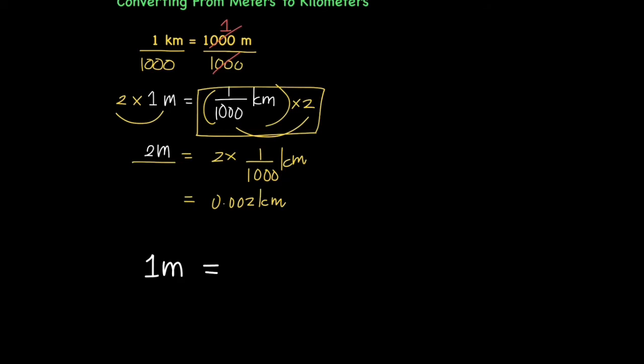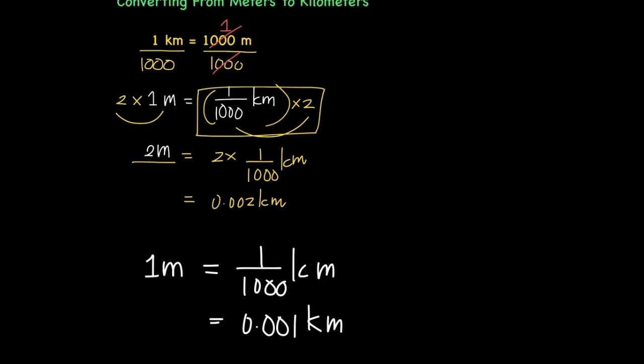Now alternatively, which some people might find easier, is that as we know 1 meter is 1 over 1,000 kilometer, changing 1 over 1,000 into decimals would mean 0.001 km. And if you think about it, dividing by 1,000 can actually be done mentally. 1 meter or 1 over 1,000 is 0.001.